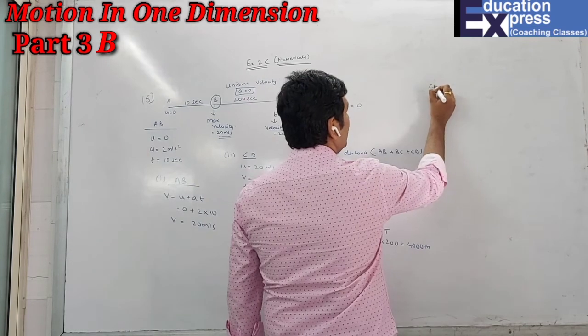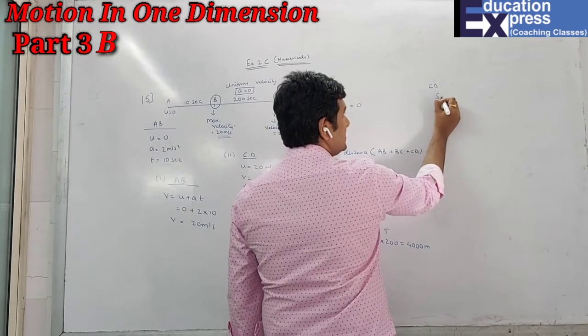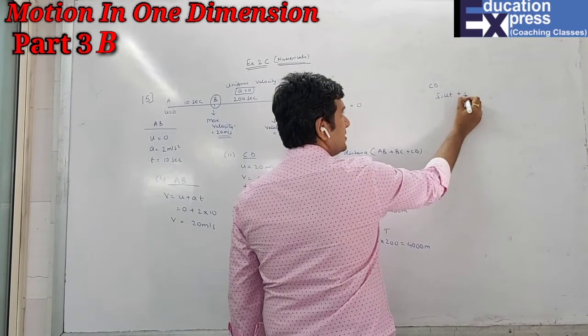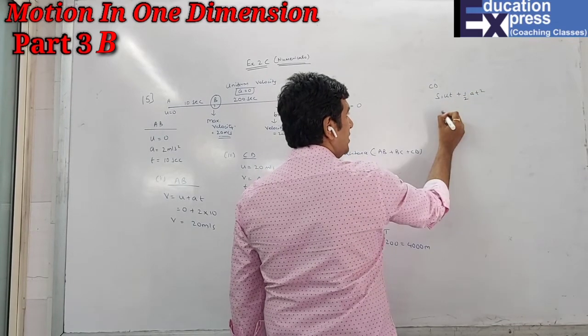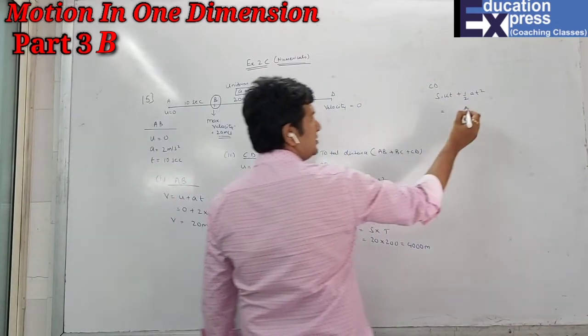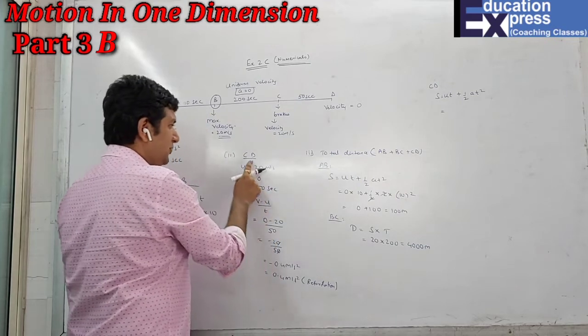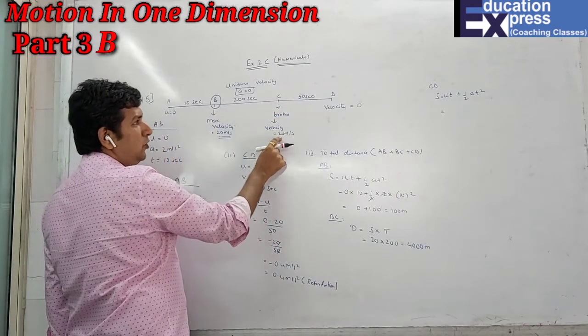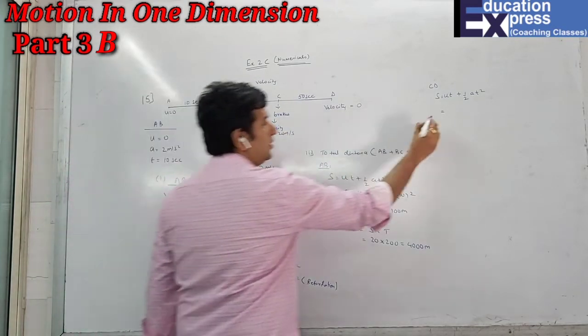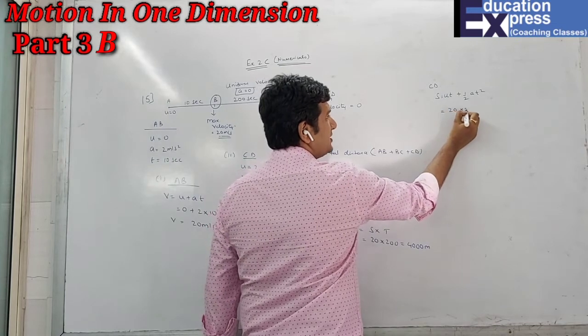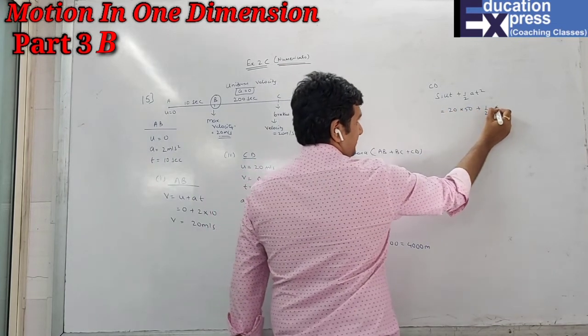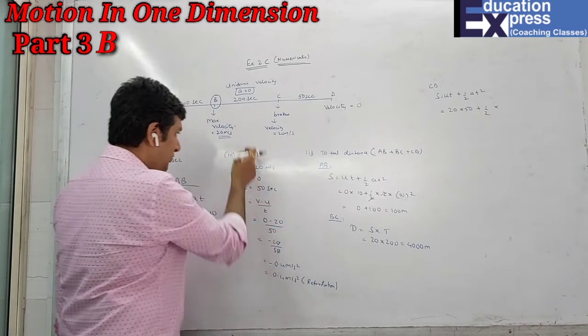The CD part. S equals UT plus half AT square. What is your U for CD? 20. Time was 50 seconds. Acceleration over here was retardation for the CD part.